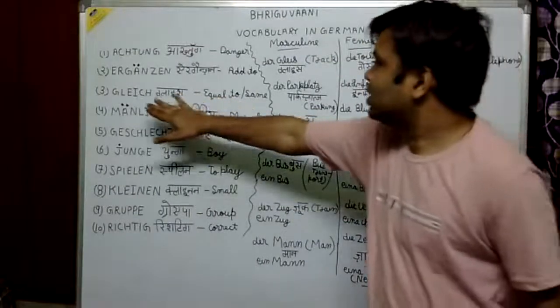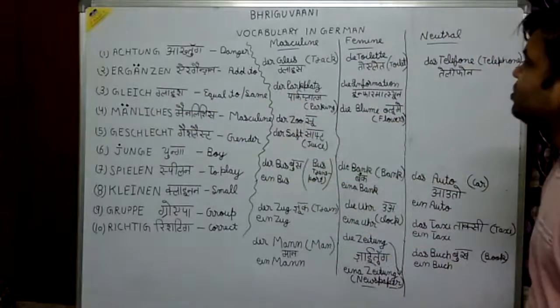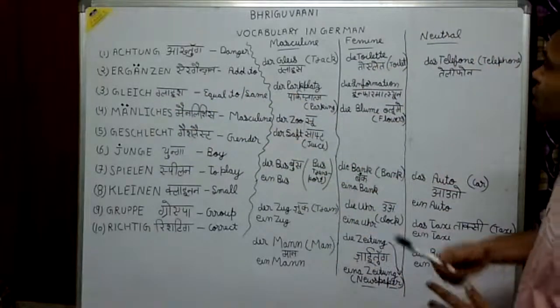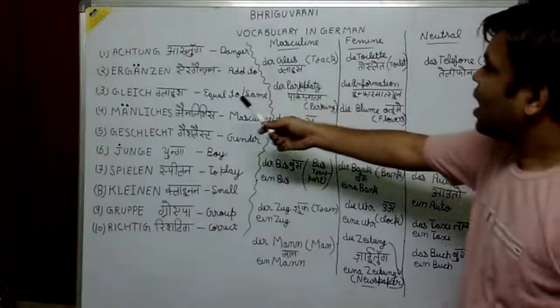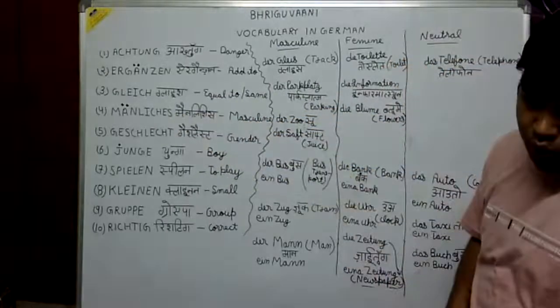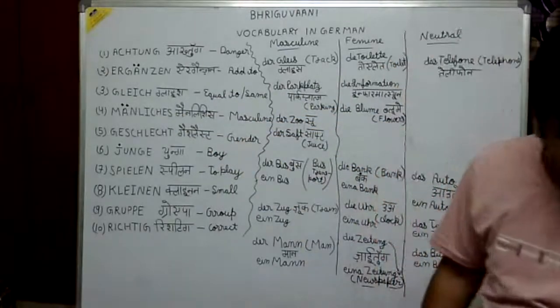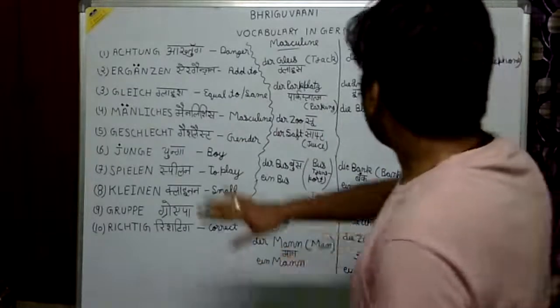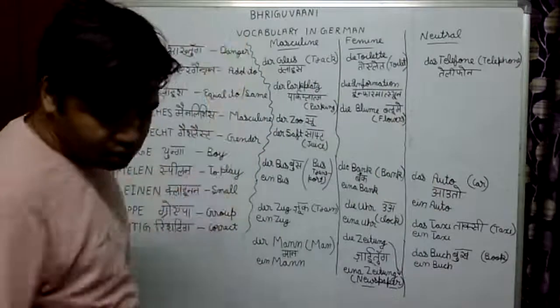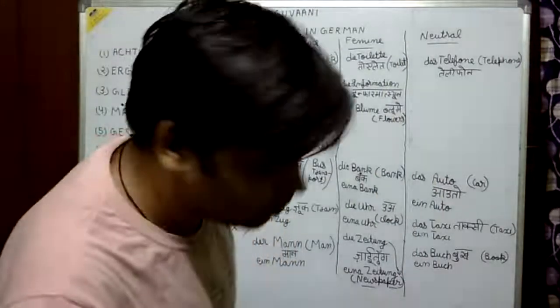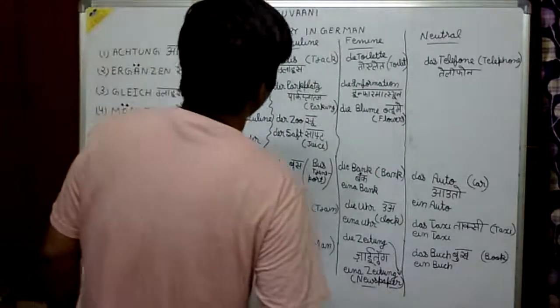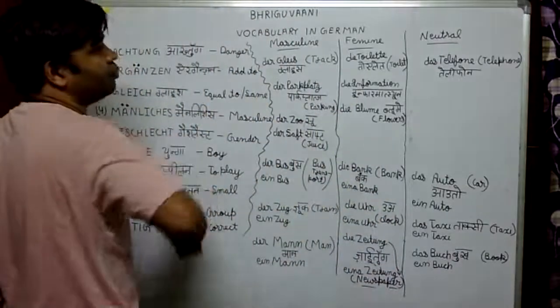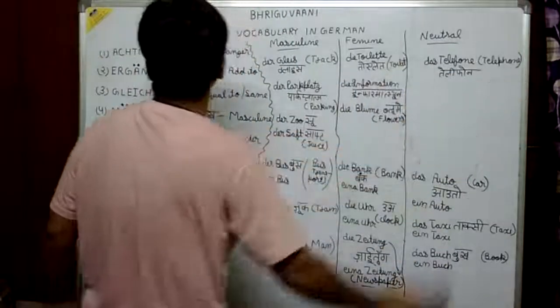So Glas means glass and gleich means equal to. We have to keep this in mind. I'm going to do all this and move forward. We will learn some more masculine, feminine, and neutral words. Don't worry.